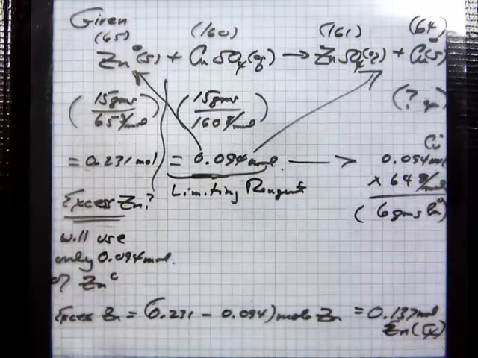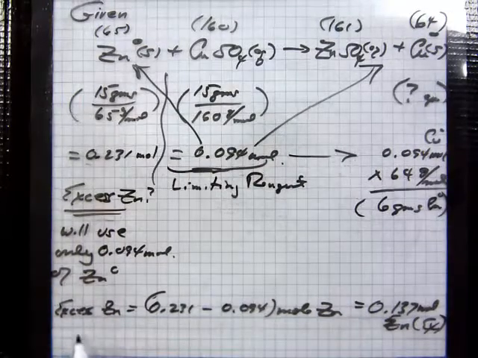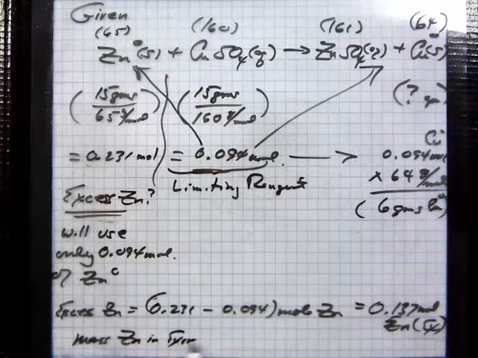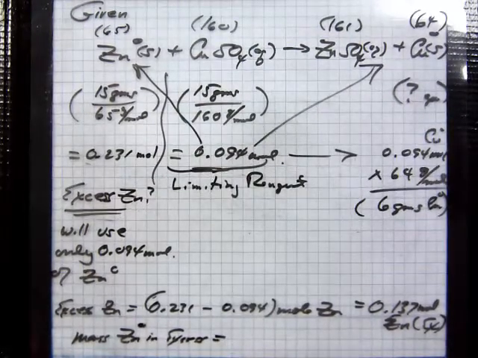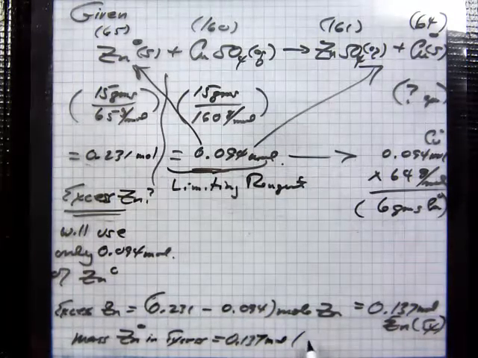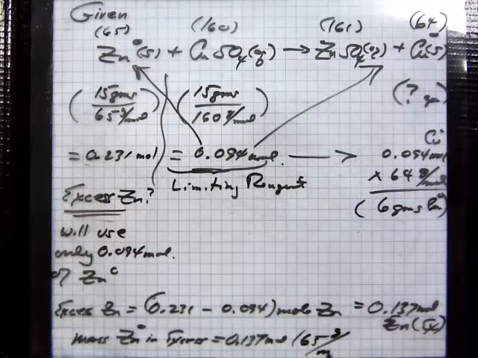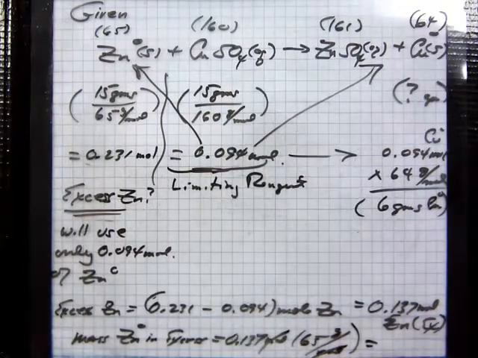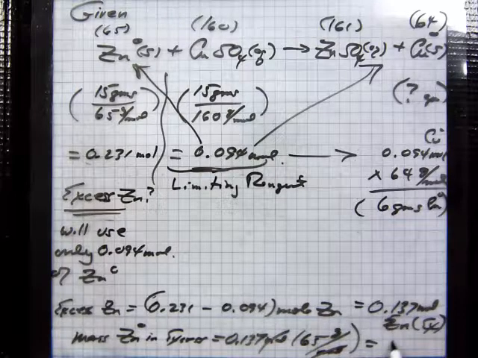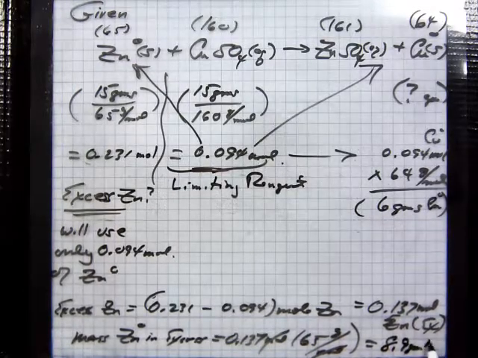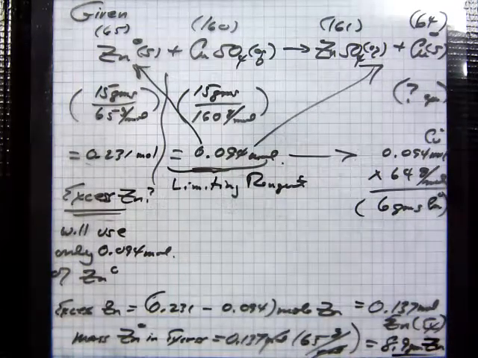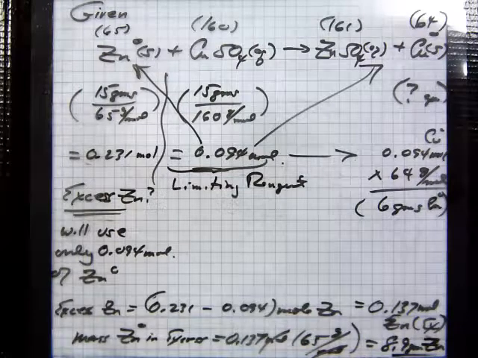Now, to get that into mass of zinc in excess, 0.137 mole times 65 grams per mole. Moles drop out. 8.9 grams zinc in excess. So you have to be able to deal with both of those.